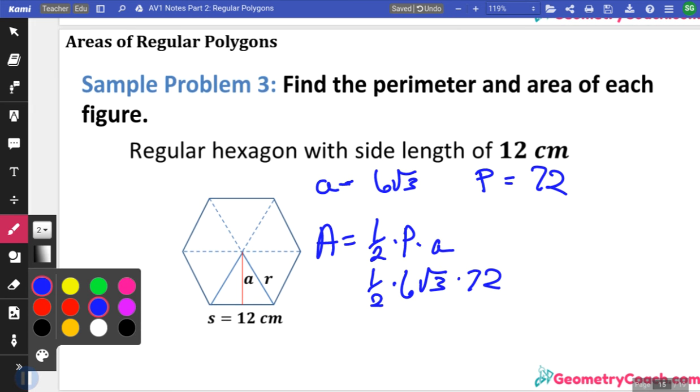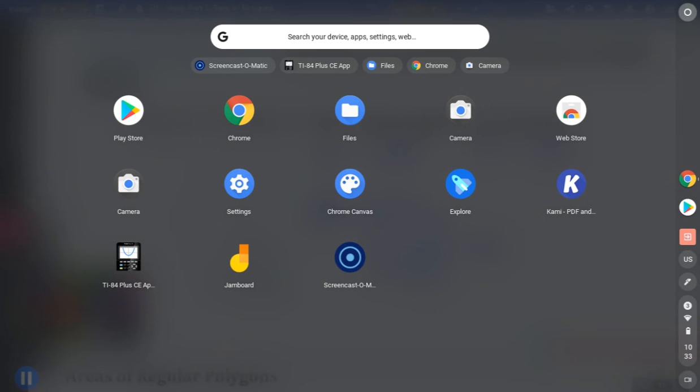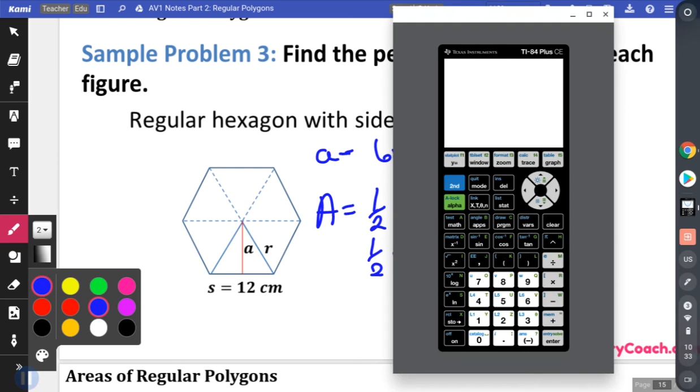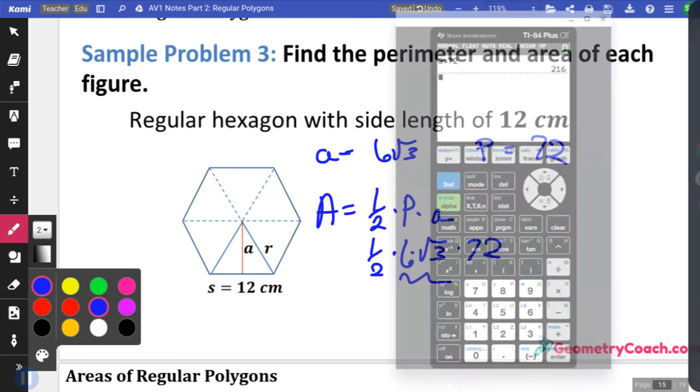Remember, in here, the 6 root 3, that's 6 times root 3. So I can do 1/2 times 6 times 72. So that's 3 times 72. Can't do that in my head. 216.